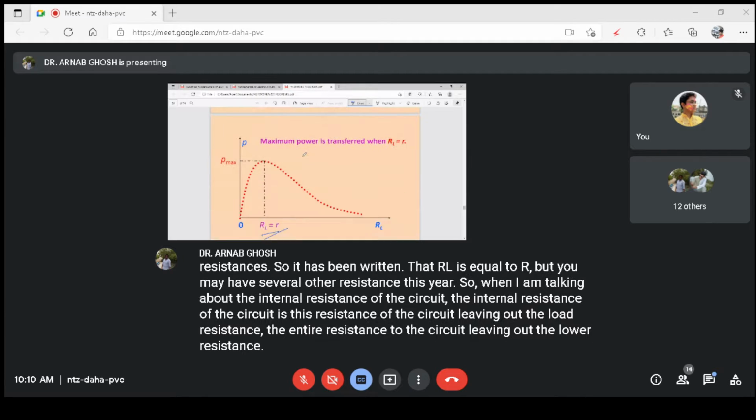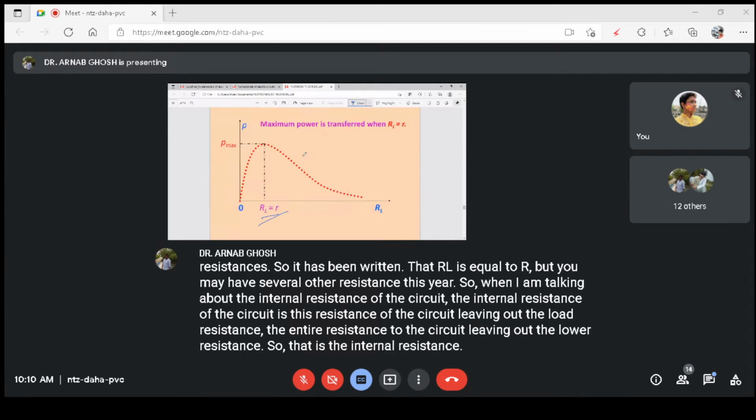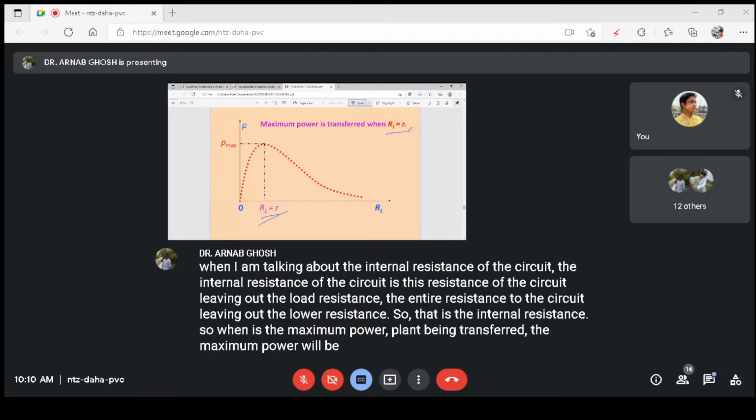So that is the internal resistance. Maximum power will be transferred when RL is equal to R.